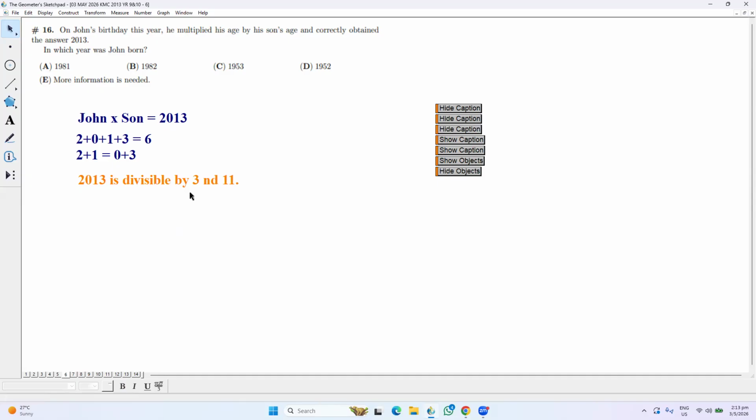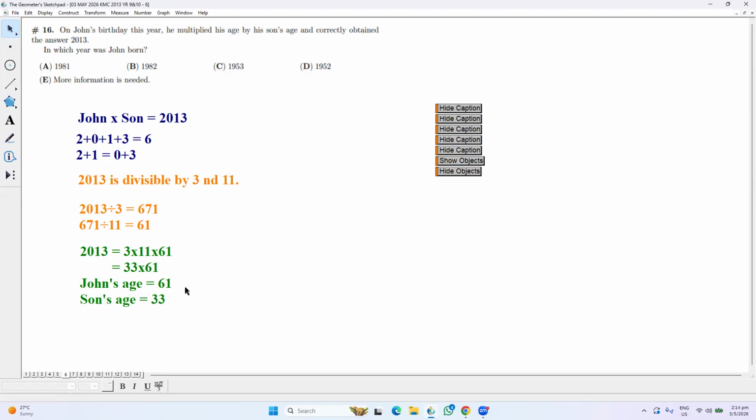2013 is divisible by 3 and 11. When divided by 3, we get 671. After we divide by 11, you get 61. So we know it's 3 times 11 times 61. For realistic ages, we combine 3 and 11 into 33, and 61.